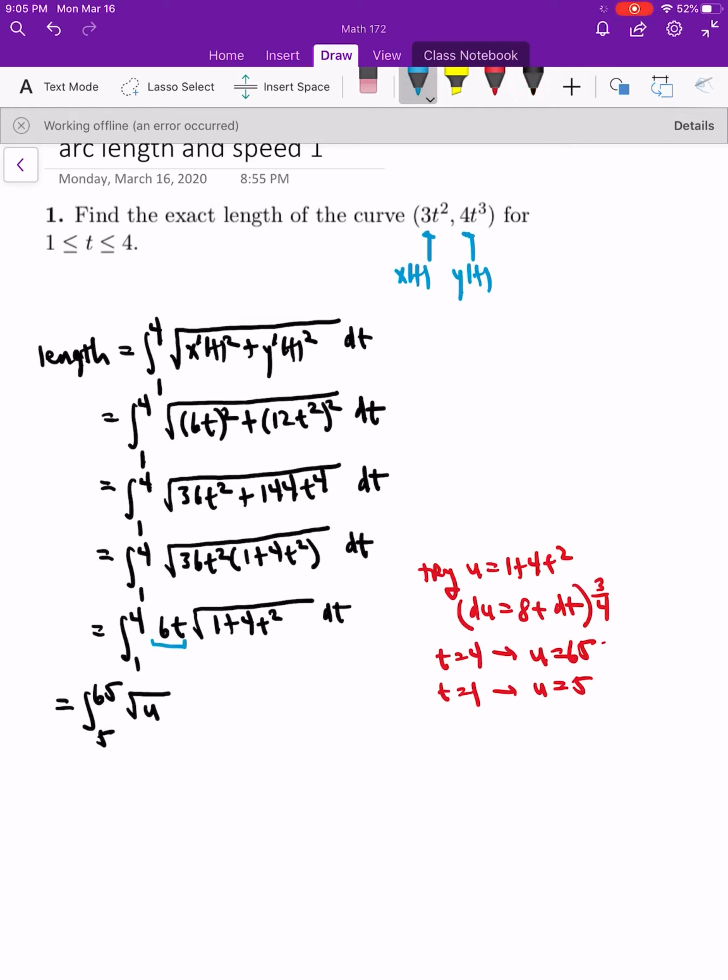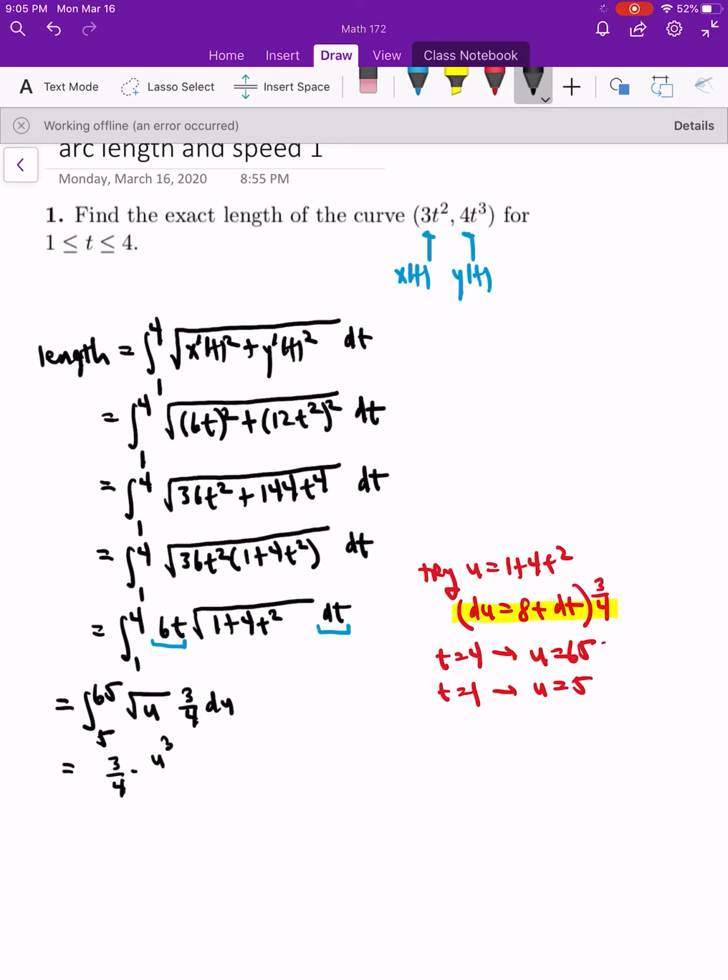And I have left to convert this. 6t dt is 3/4 du. That's using this. Finally, antiderivative will be 3/4.